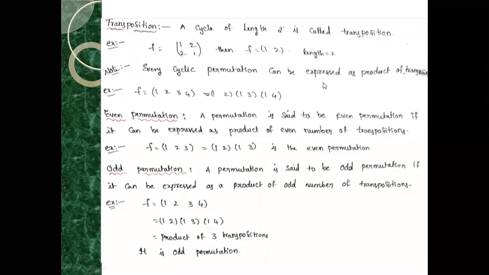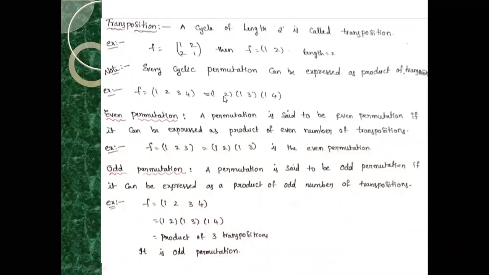Every cyclic permutation can be expressed as a product of transpositions. That means (1 2 3 4), a cyclic permutation of length 4, can be written as a product of transpositions.